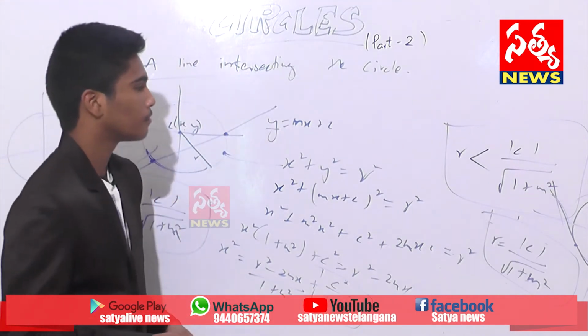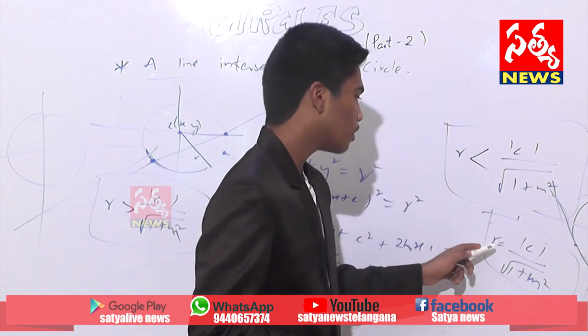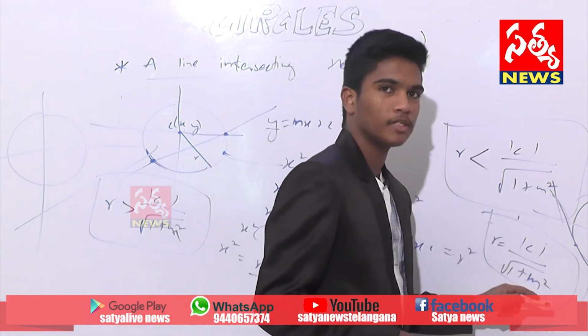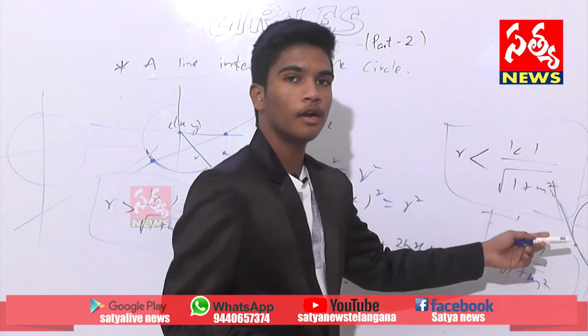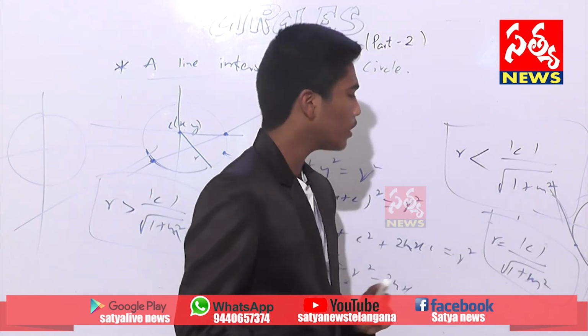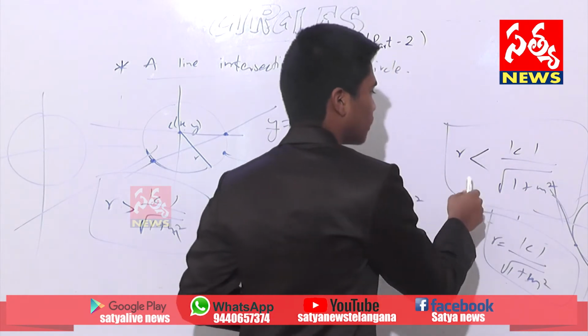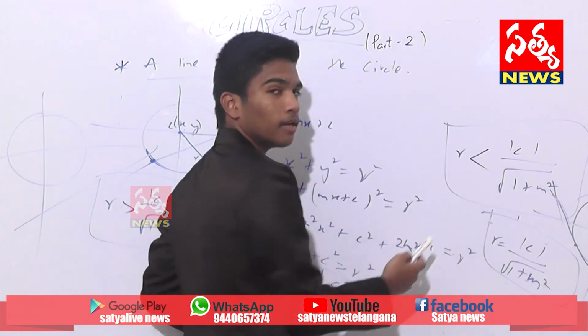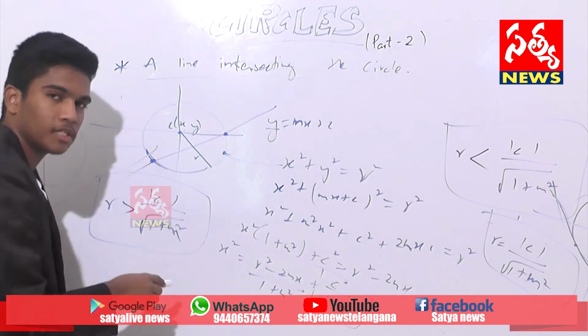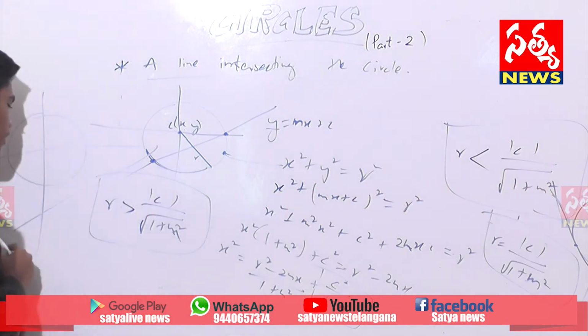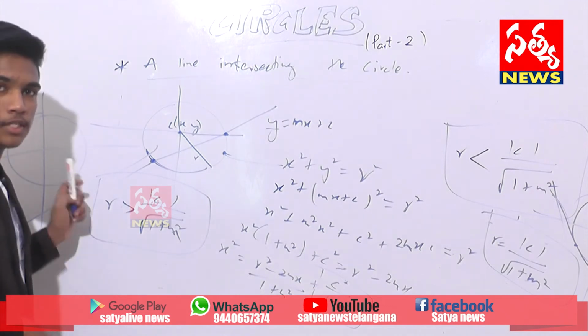Okay, and from here r is equals to mod c by under root 1 plus m square is the condition for a line to touch the circle at only one point, and r less than this is the condition for the line touching the circle at 2 points, and r greater than mod c by under root 1 plus m square is a condition for the line which does not touch the circle.